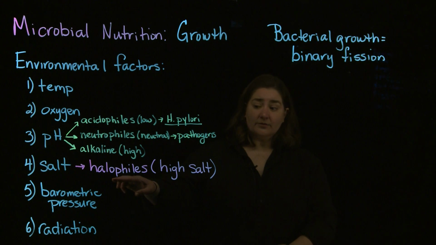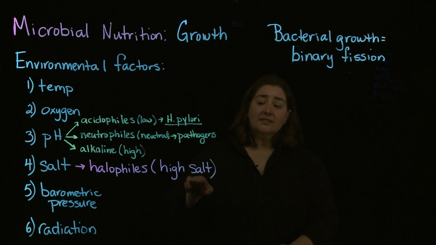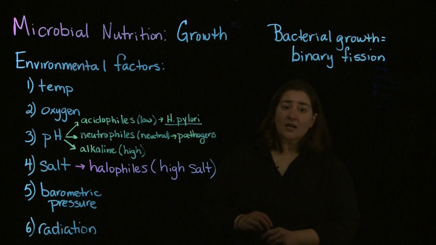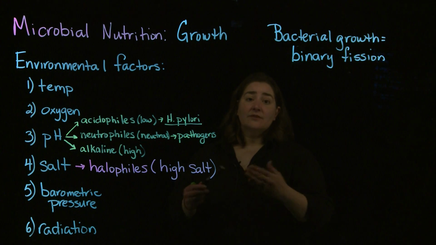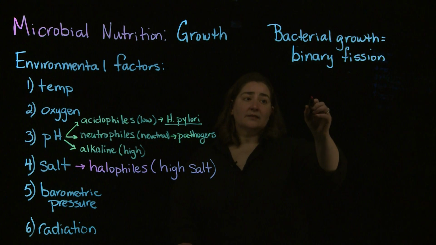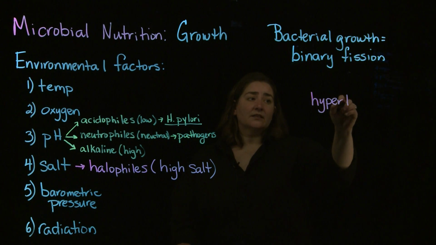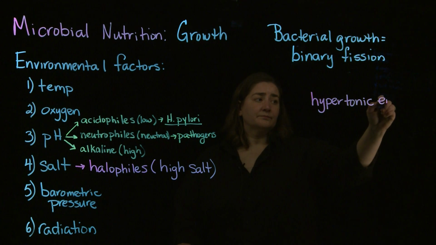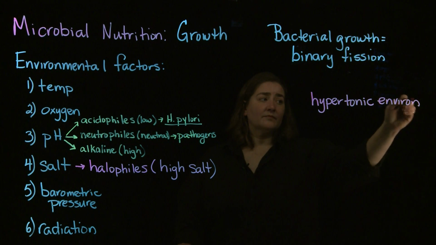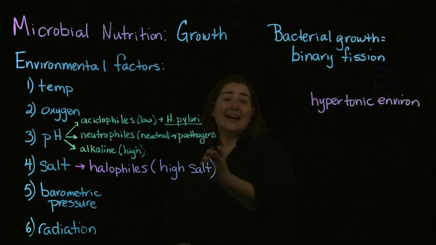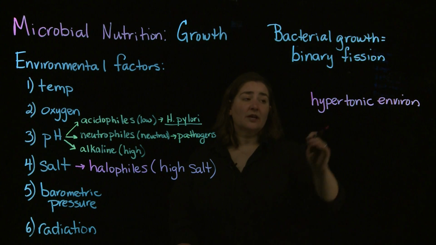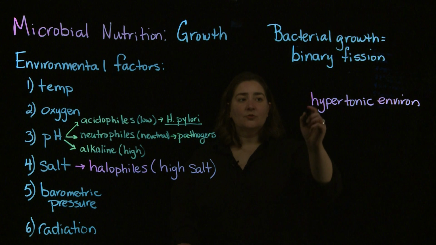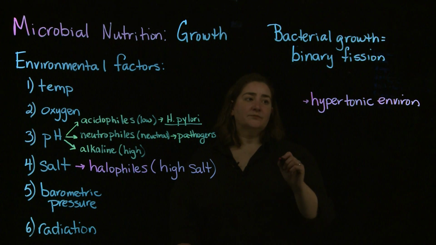They're halophiles. They've adapted to deal with the high salt. Essentially what those halophiles have done, all right, is they've adapted so that the hypertonic environment doesn't dehydrate the bacteria, okay? So they found some ways to evolve and get around that, okay?